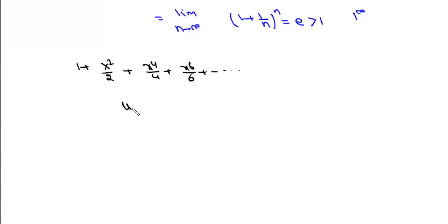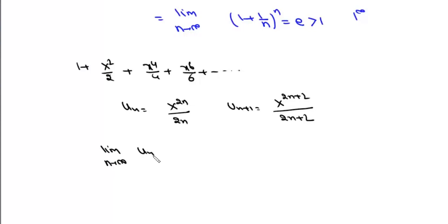Now in this case, un is x to the power 2n upon 2n if we omit this first term. Now this un plus 1 will be x to the power 2n plus 2 upon 2n plus 2.